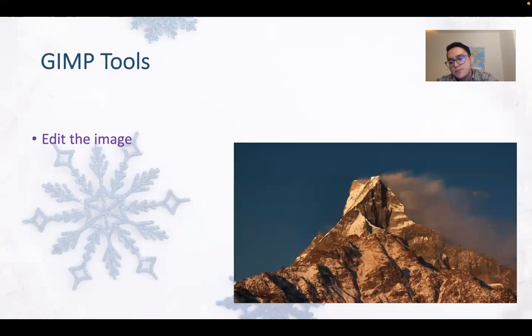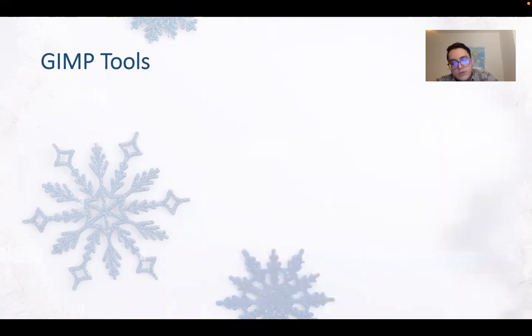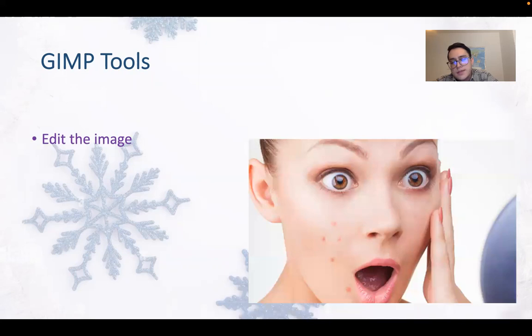You can edit different pictures. You can add stars, you can draw something, you can add some balloons. You can delete some imperfections on people's faces, like here, like the pimples, you can delete them out.